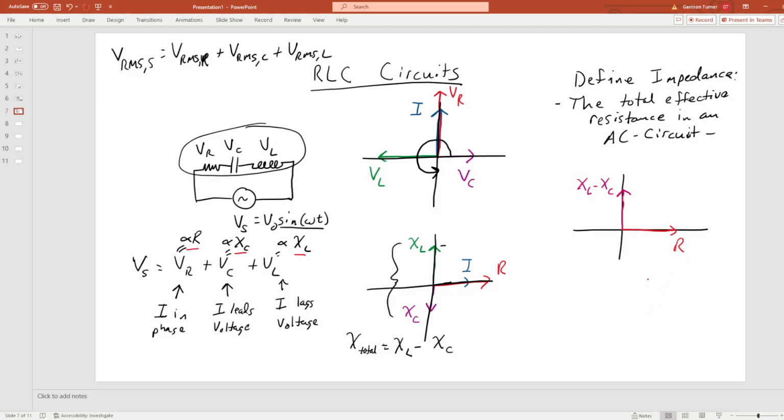And so your total effective resistance, or the total impedance in your circuit, is now the vector addition of these. And that vector addition is this vector right here. So this is what we define as the total impedance Z.